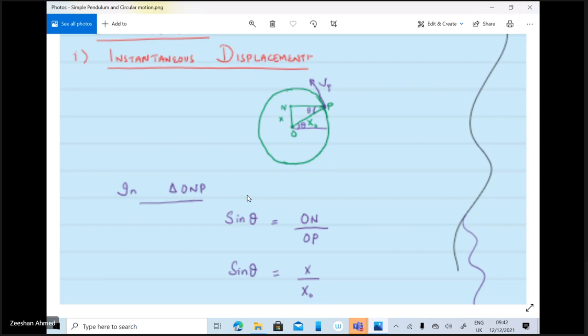What is hypotenuse? OP. What was ON? ON was x. What was OP? OP is x naught. Just put the values, you will get sin theta equals x over x naught.